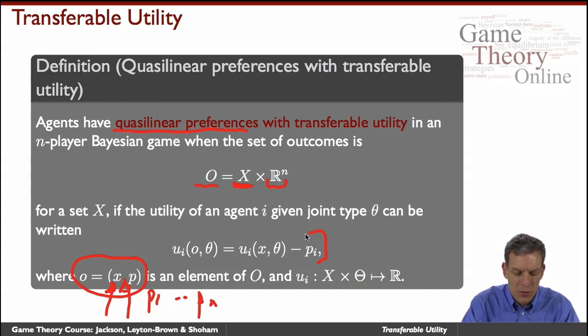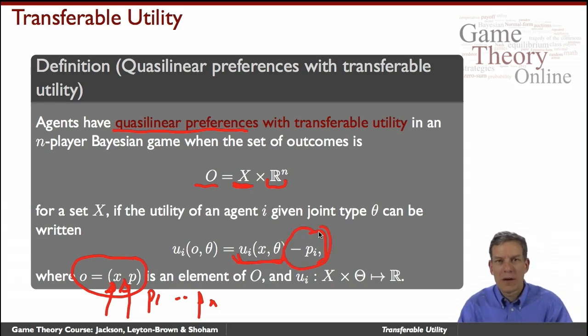And a given individual's utility for the outcome can be split into a utility function which describes how they like the x's, and then also they subtract off whatever payment they're making. And that payment could be positive or negative. So it could be that they're paying something into the society as part of the outcome, or it could be that they're receiving payments.